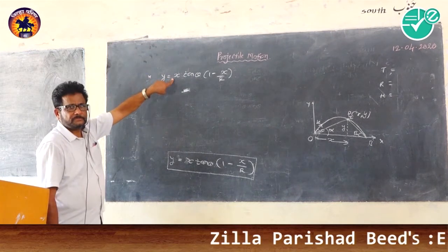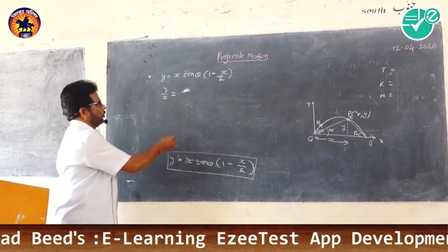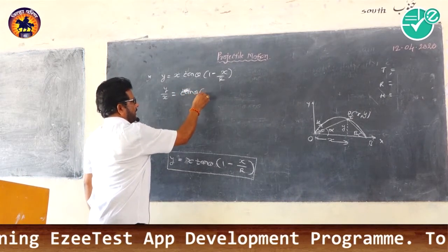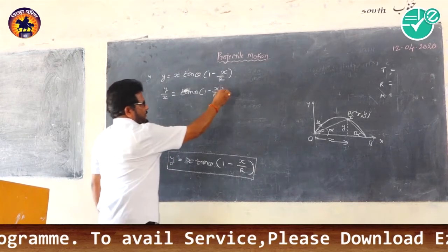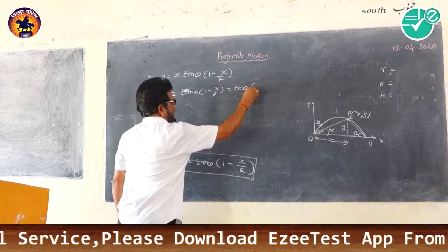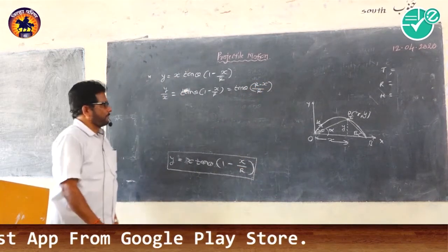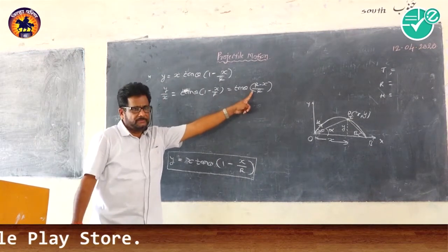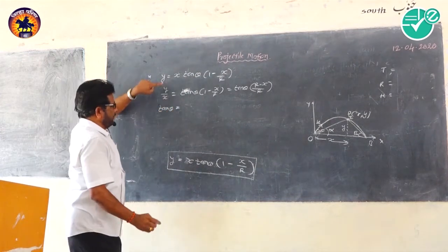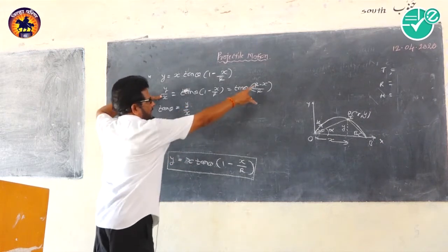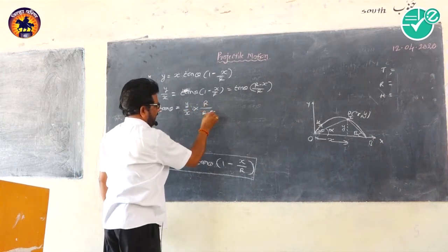Now from this equation, we can write y upon x equal to tan theta into 1 minus x upon R, or that is equal to tan theta into, by cross multiplication, R minus x upon R. So y by x is equal to tan theta into this bracket, or tan theta equal to y by x multiplied by R upon R minus x.